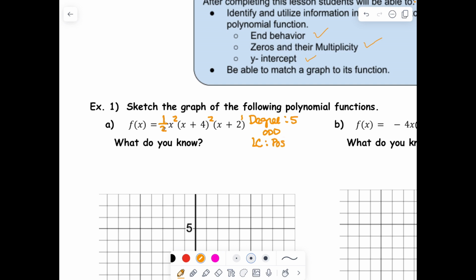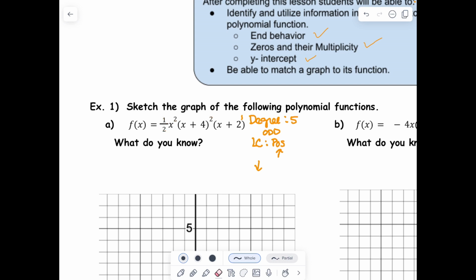For odd positive, it'll start going down and end going up. When it's positive, it's always going to end going up, and for odd, it's going to be in the opposite direction, so it had to start going down. So far we know that that's kind of what our graph does.